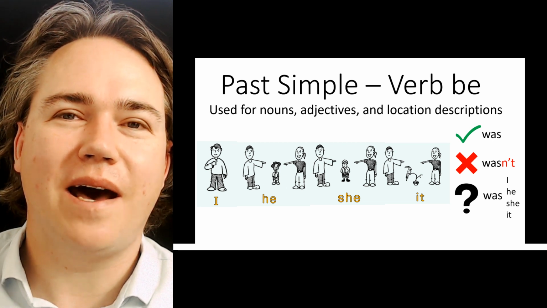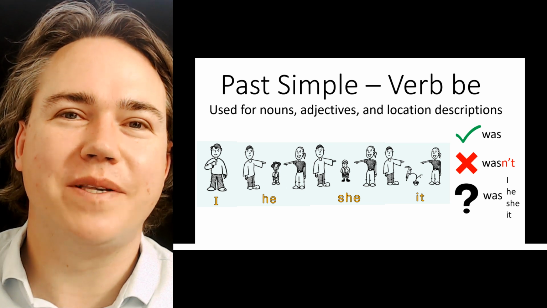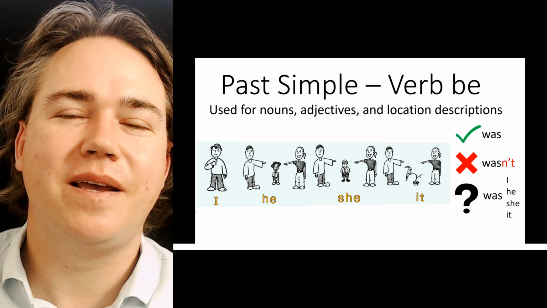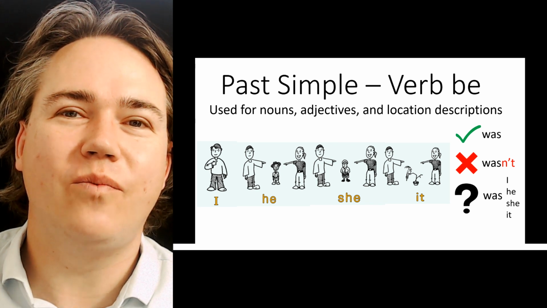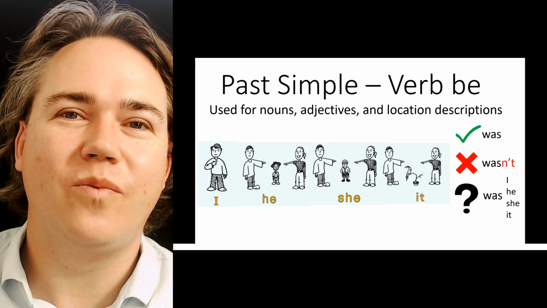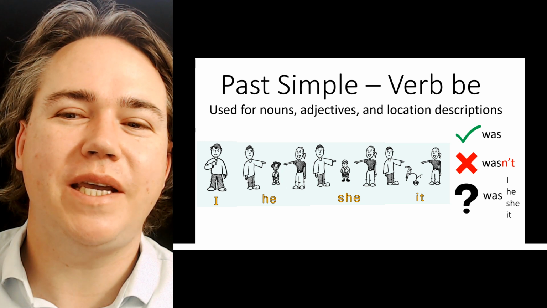You can say, I was, he was, she was, it was, I wasn't, he wasn't, she wasn't, it wasn't. Was I? Was he? Was she? Was it?